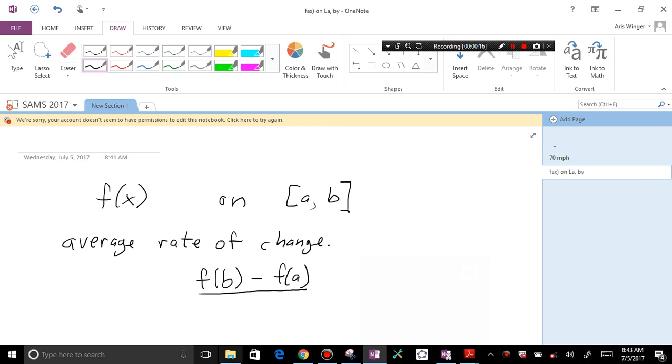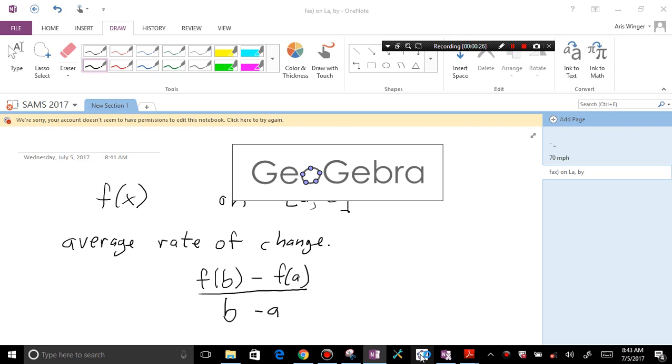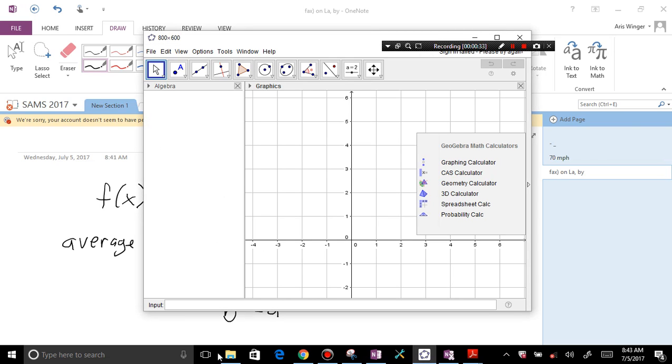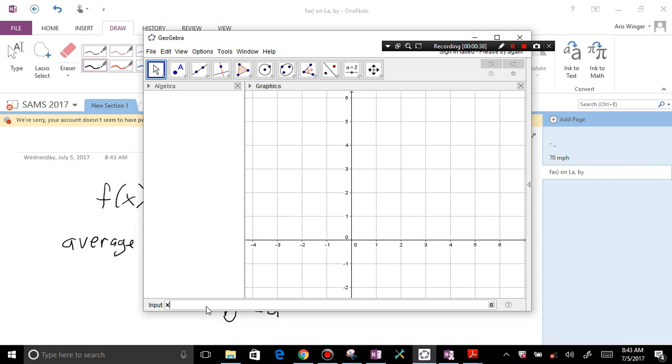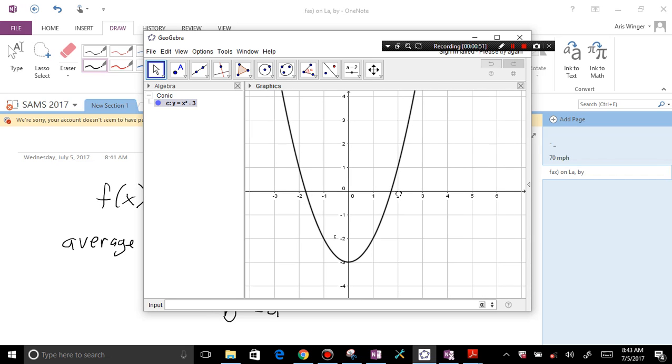Okay. All over B minus A. Right. So for a graph, if I put in x squared minus 3, and we put y equals, here's the function right now, right?